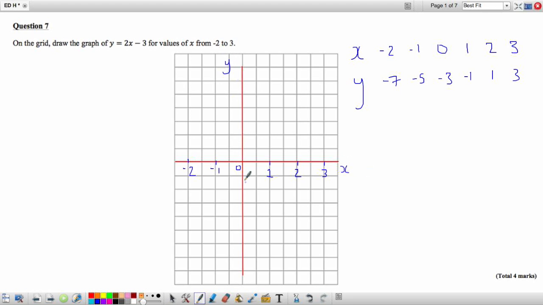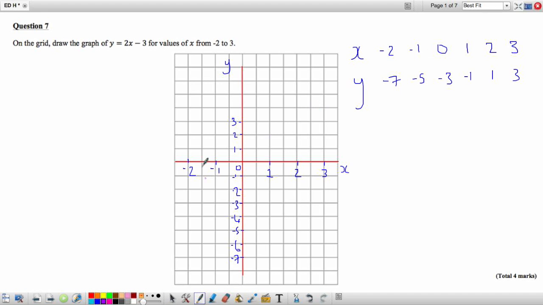For y, we need to go as high as 3 and as low as -7. So we will go here, -1, -2, 3, and +1, 2, 3. And then plotting our coordinates.